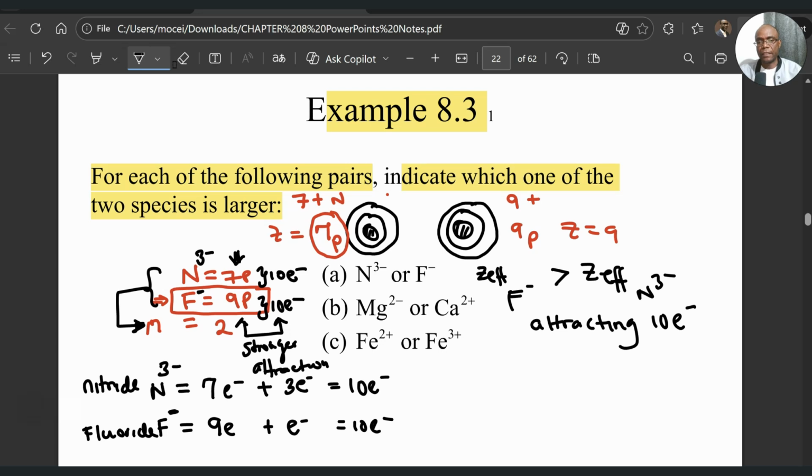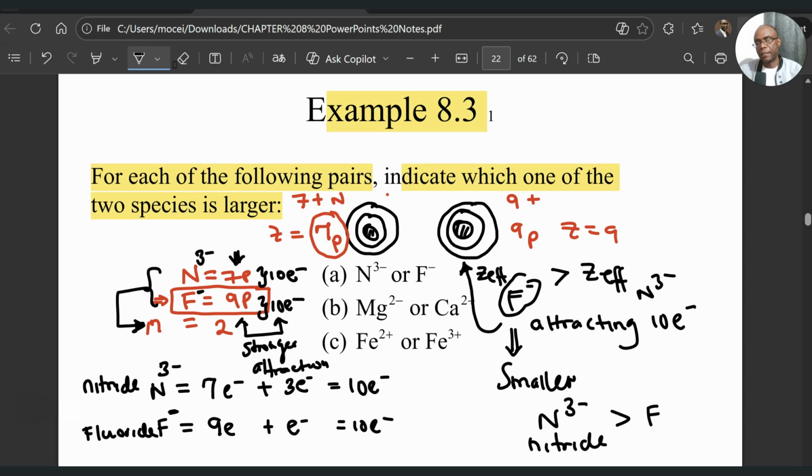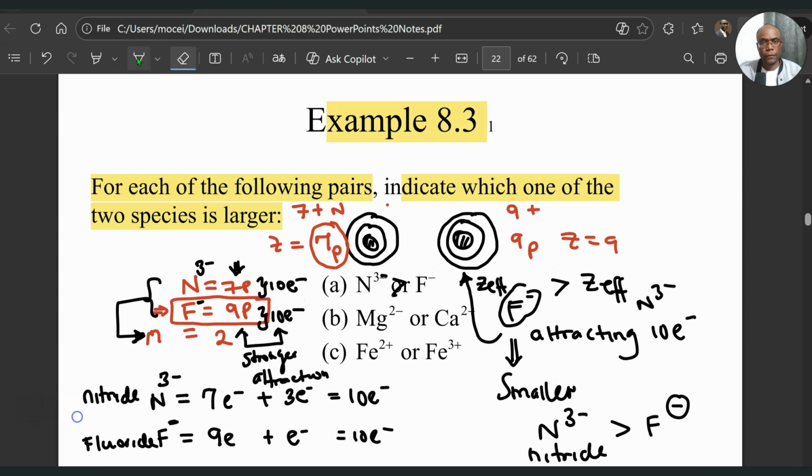So I would expect that since the fluoride is stronger, its ionic size is going to be smaller. So I expect the ionic radius of the nitride to be bigger than the ionic radius of the fluoride. So I would say nitride is bigger than the fluoride.